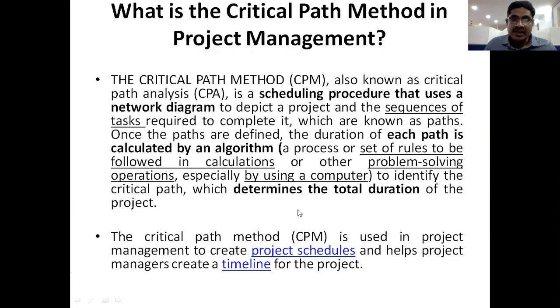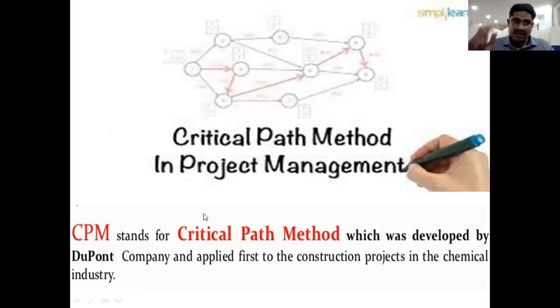So to identify the critical path, which determines the total duration of the project. The major purpose of CPM is to find out the total duration, the total time used to complete the total contract or total project, right? All parts and all activities' completion time is called CPM, right?